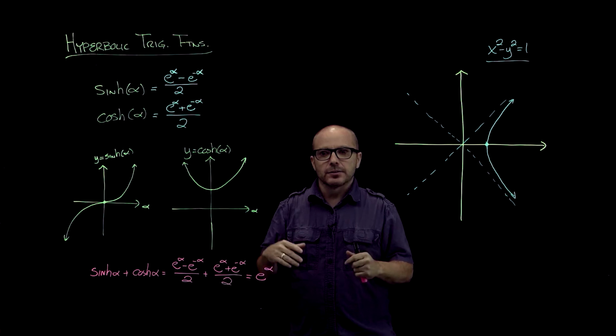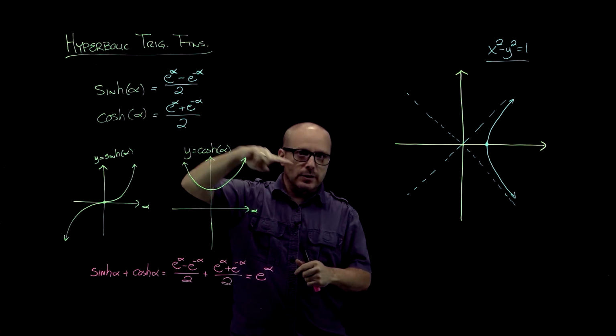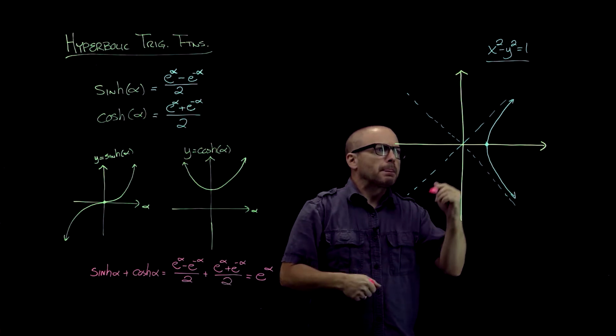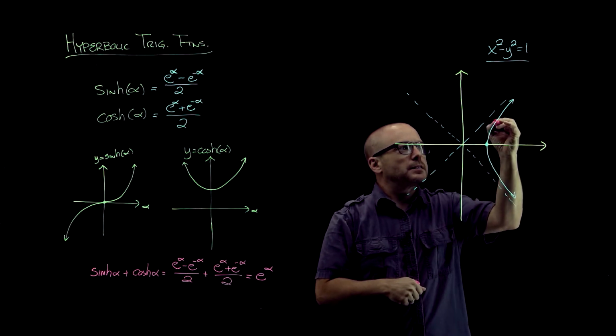But where does the alpha come in? There's not an angle. On the unit circle it would be that central angle. Here it relates to an area, a signed area.